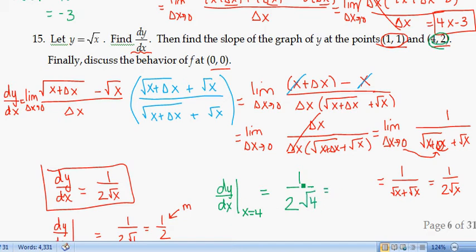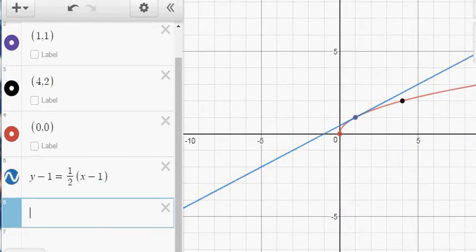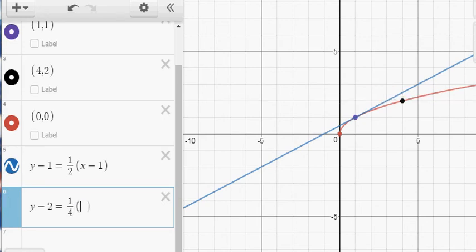So that's 1 over 4, 1/4. And the equation for that line would be y minus the y coordinate equals the slope times x minus the x coordinate. So let's graph that. y minus 2 equals 1/4 times x minus 4. And sure enough, that does look like it is tangent to the curve at the point (4, 2).